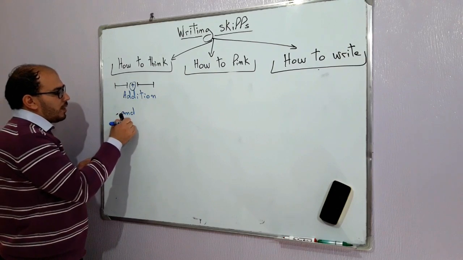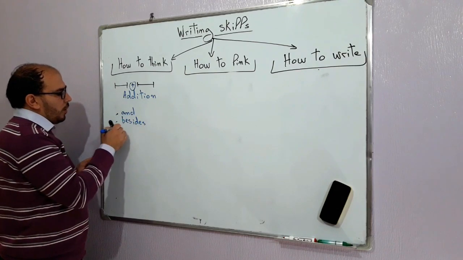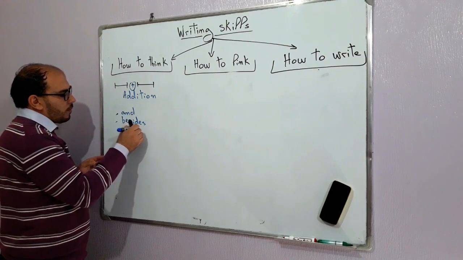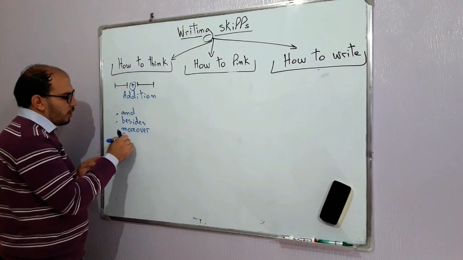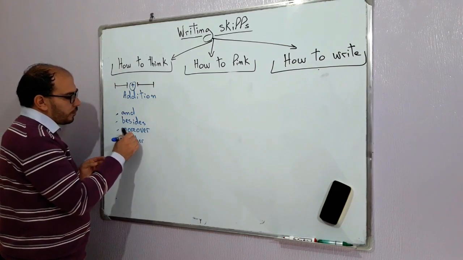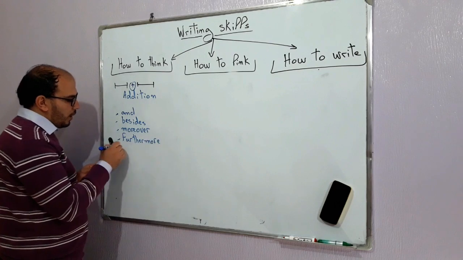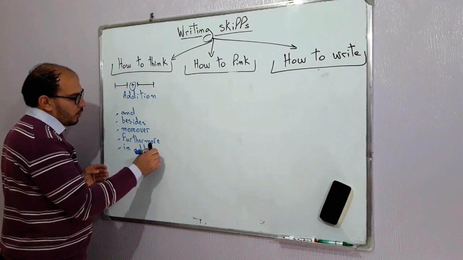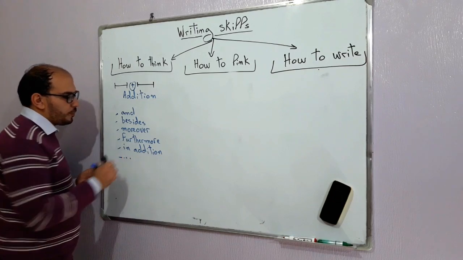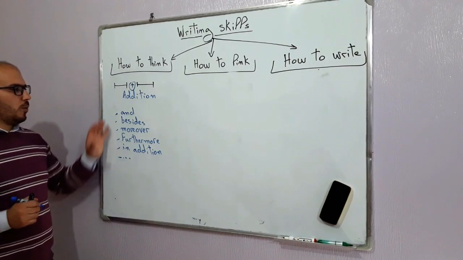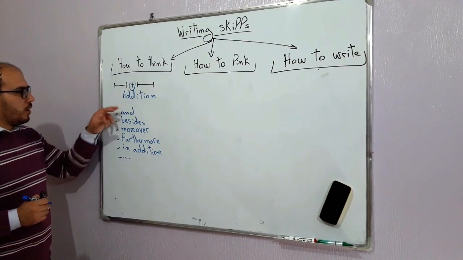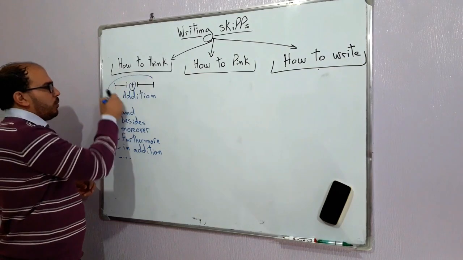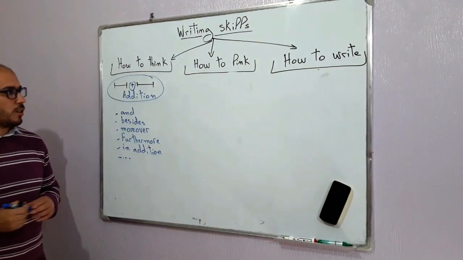We have besides, we have moreover, we have furthermore, we have in addition, and others, of course. But at least you should know these linking words whenever I want to express addition.